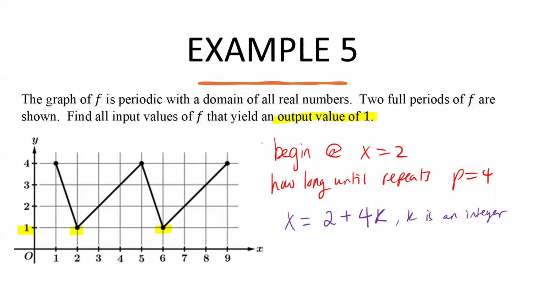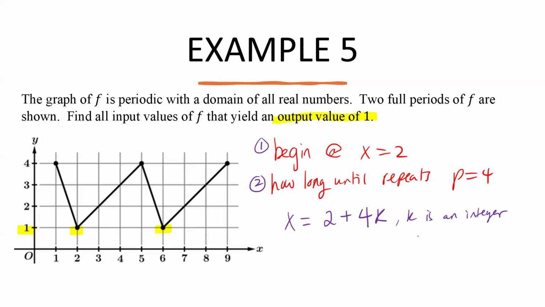So the first thing we identified is where does it begin? The second thing was how long until it repeats. So 2 would start the equation. 2 is where I get my first output of 1, right? And then every 4 units, I keep getting another output of 1.